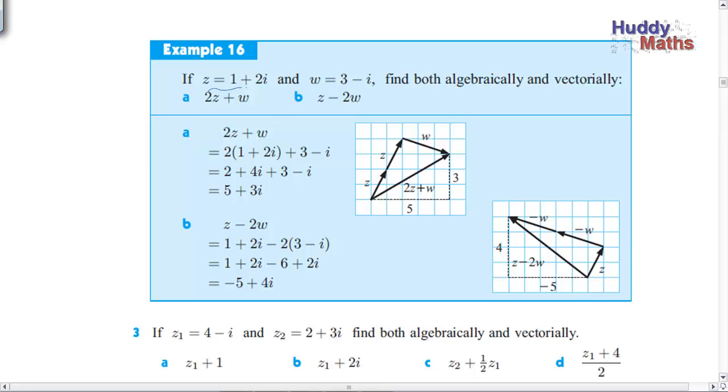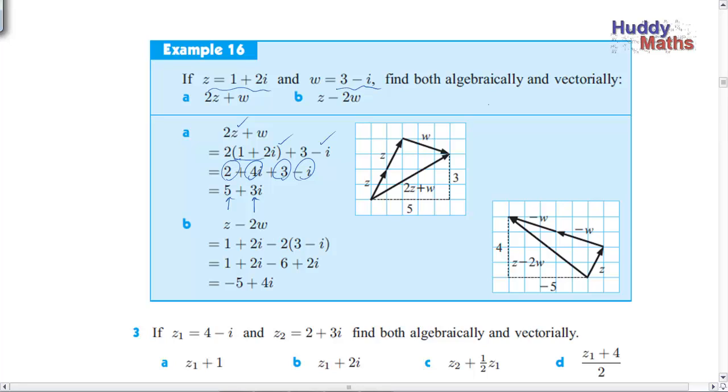We're going to have 1 plus 2i, 3 take i, and find algebraically, so you've got a double Z, so there it is algebraically, plus 3 take i. Expand this here and pick out the real parts and the imaginary parts. Very important to set it up as real plus imaginary part.